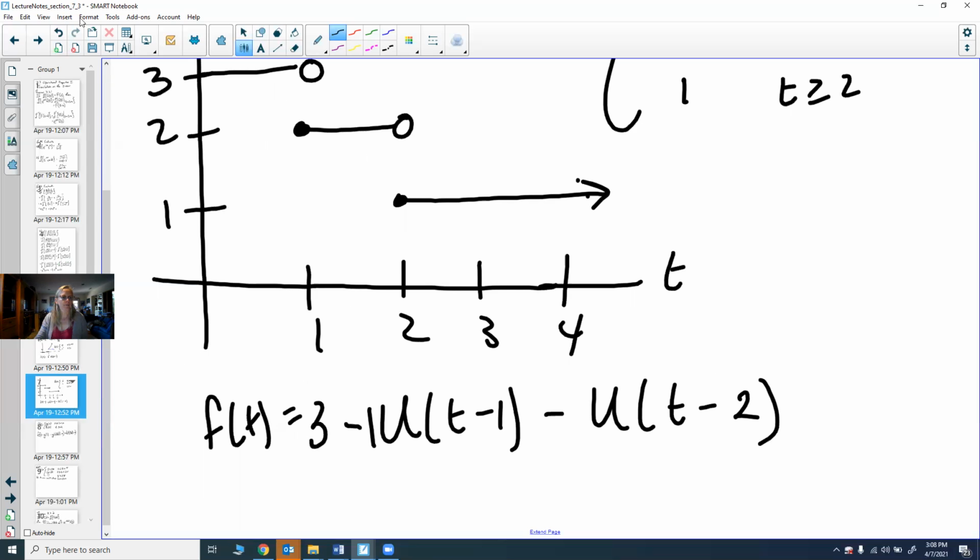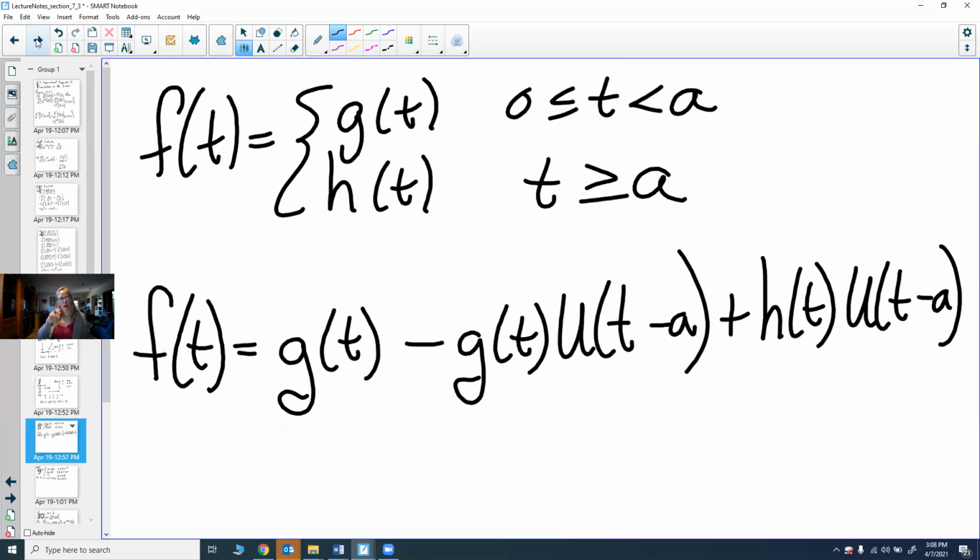In general, we can do this with any function, g of t, h of t. If we have a piecewise function, g of t when 0 is less than or equal to t is less than a, and h of t when t is bigger than a, then we can think of it as g of t turns on at the start. Then we want g of t to turn off at a, so we're going to have g of t times u of t minus a.